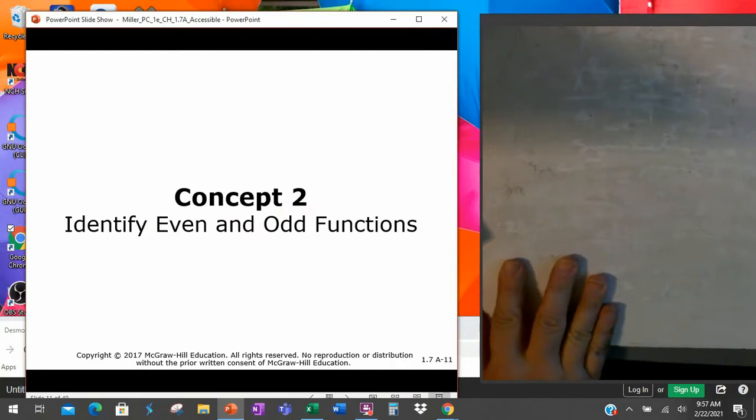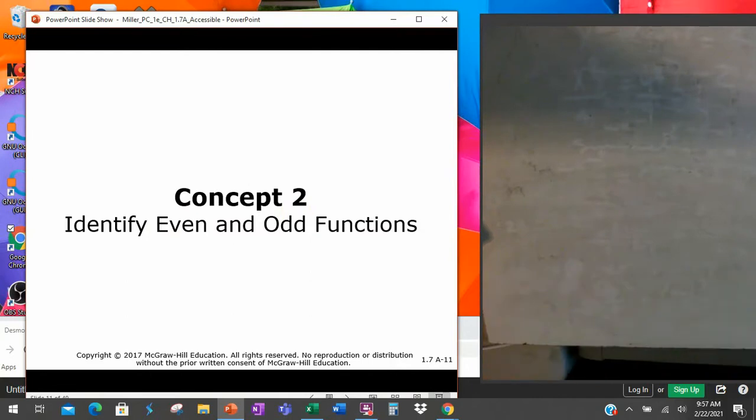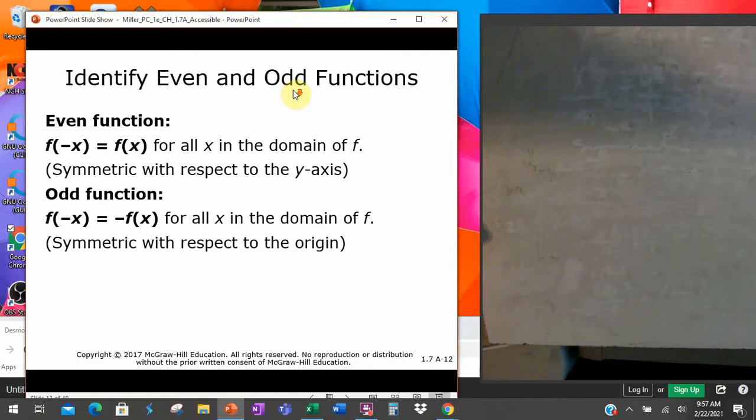So we're going to do the same thing, but I'm going to use functional notation, do some of the very same things I did with the symmetry part, and we'll go from there. Okay. So identifying even and odd functions.